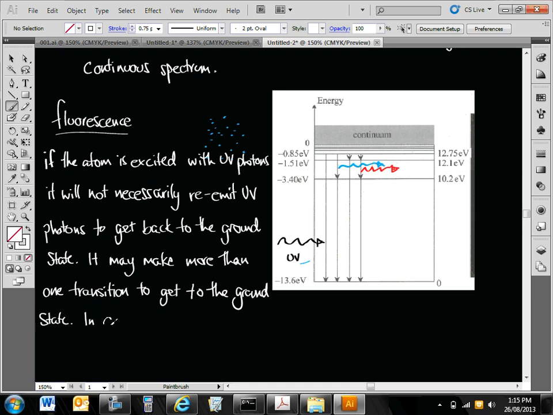In doing this, the transitions may correspond to visible photons.